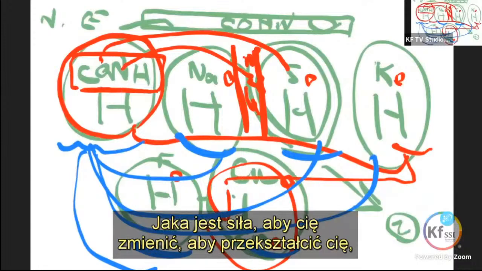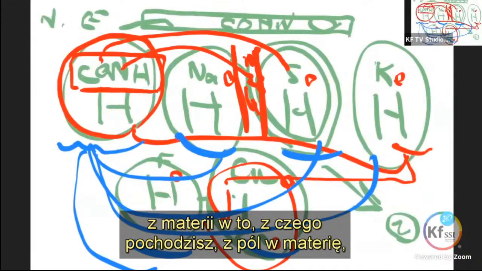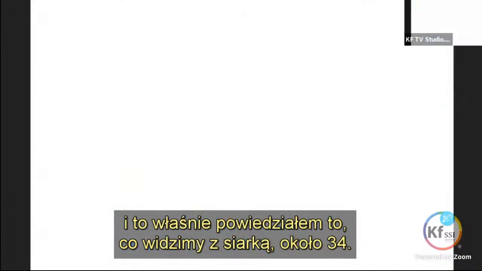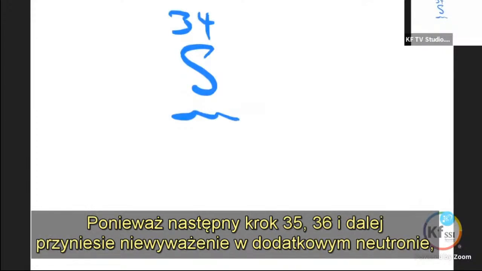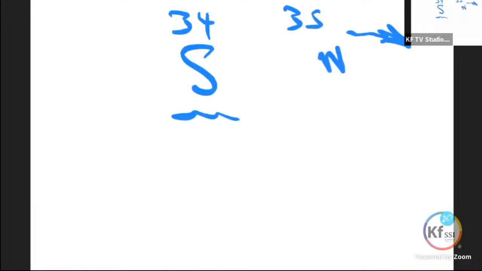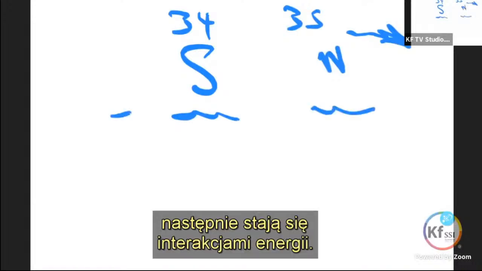What is the strength to convert you from fields to matter? This is what we see with sulfur, around 34. Because the next step, 35, 36, and on, will bring imbalance in additional neutrons, which then become energy interactions.